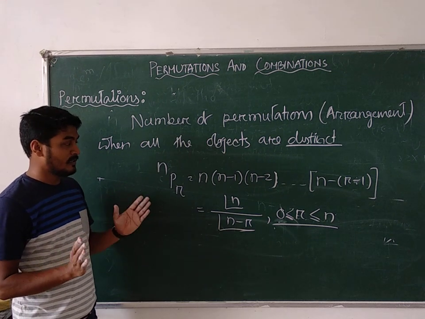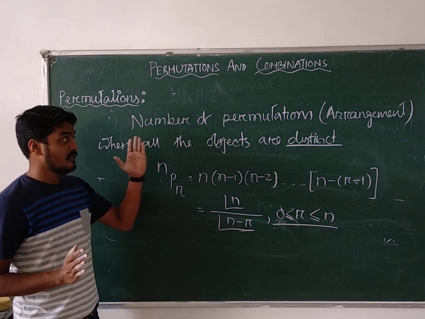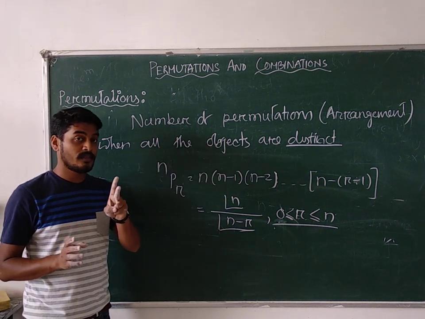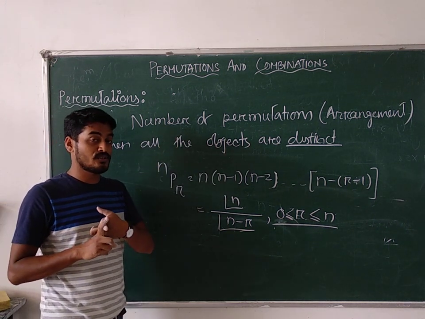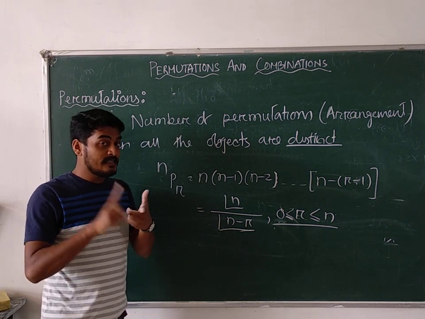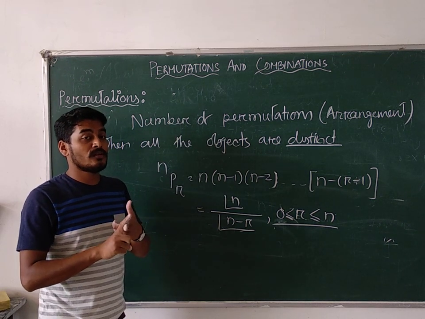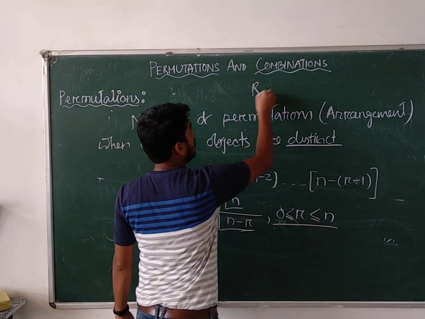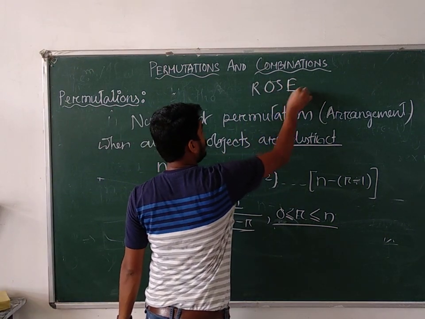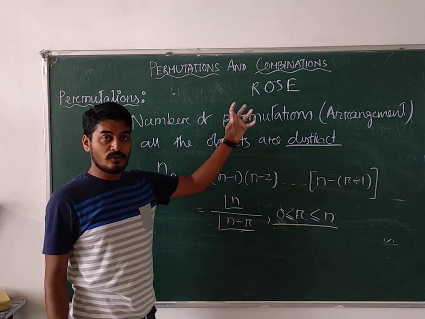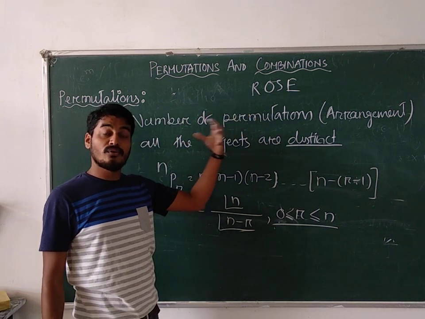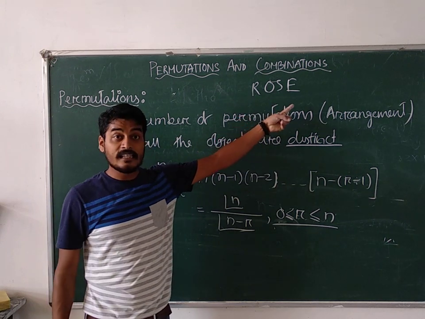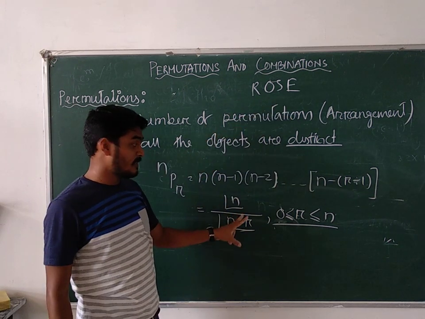So remember the very important thing: whenever the objects that you have to arrange are distinct, step by step, the first point is permutation. For example, how many new 4-letter words can be formed from the letters of the word ROSE? All of these are distinct: R, O, S, E. So obviously we apply the direct permutation formula.